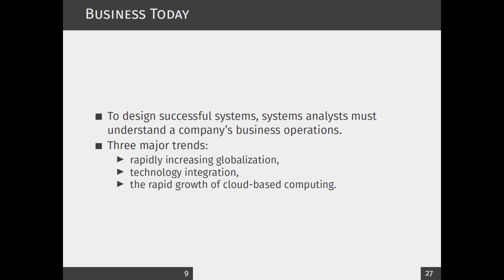Second one is technology integration. So everywhere in the business, you can see technologies are used. For example, starting from people coming into work, we have fingerprint scanners, face recognition systems, right? So we use technology everywhere. Even in office environments, you have computers, you use office packages to manage information.